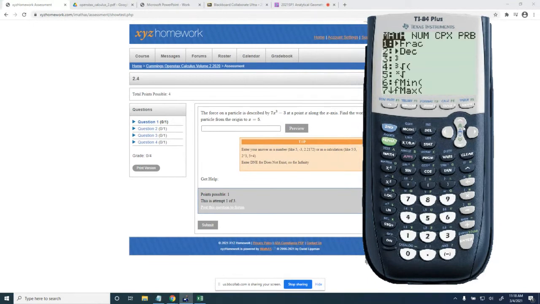I'm going to hit math, and scroll down to the function integration. I must put in my function, which is 7x to the third power minus 3, comma, and every integral must have a variable of integration. Our variable of integration is x. Our limits of integration are from 0 to 5.